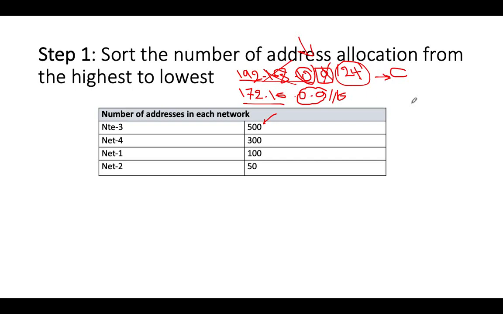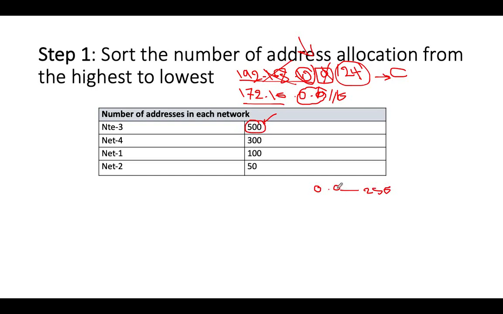How to allocate that? Very basic and very fundamental. Okay, look at this. Now I have 0.0. How many IPs can I put over here? We agreed on that before: 256. Okay, so if I want to fit 500, how many of those will I need?